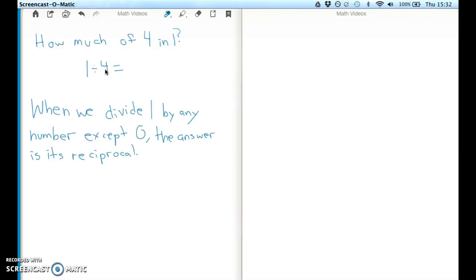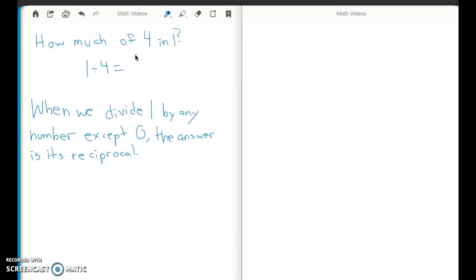How much of 4 is in 1? So that would look like 1 divided by 4. And when we divide 1 into 4 parts, we get 1/4. This proves, and all the other examples do as well, that when we divide 1 by any number except for 0, the answer is its reciprocal. Here, we divide 1 by 4, and we get 1/4.